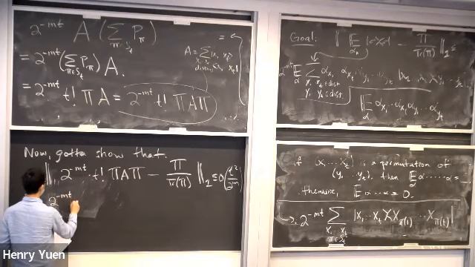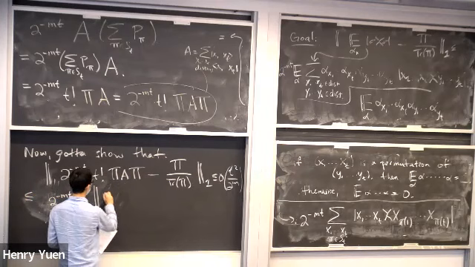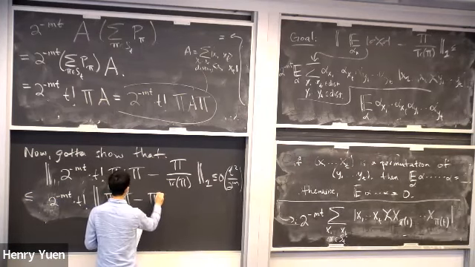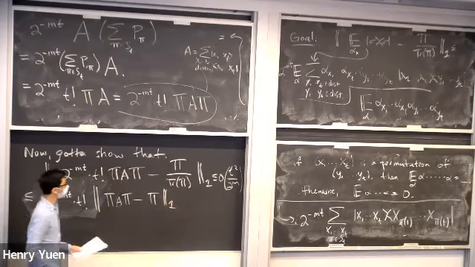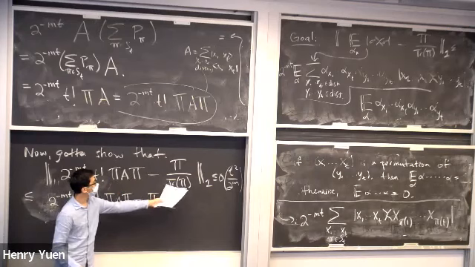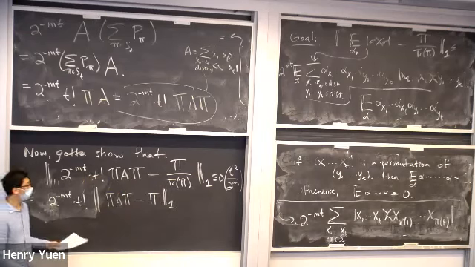So we have 2 to the minus mt times t factorial times pi A pi minus pi. Here we're basically saying, let's pretend 1 divided by trace of pi is close to this, which it will be.